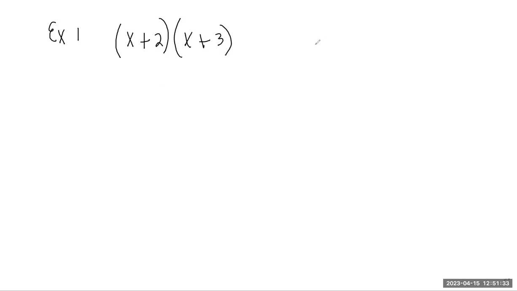Now, here's the trick, okay? First of all, look to see how many terms you have. You have 2 terms here. You have 2 terms here. So what is 2 times 2? 2 times 2 is 4 all day long and twice on Sunday. So what we're going to do is make ourselves a little square.